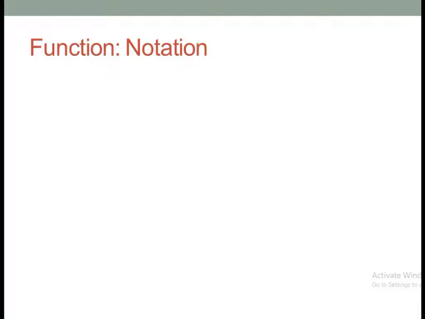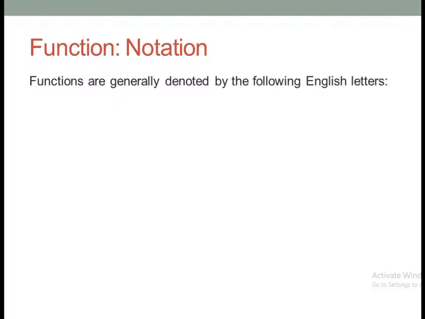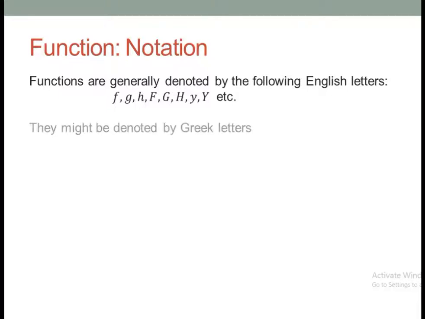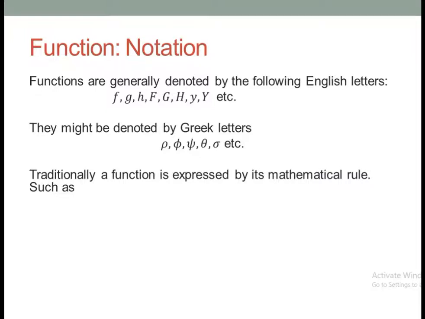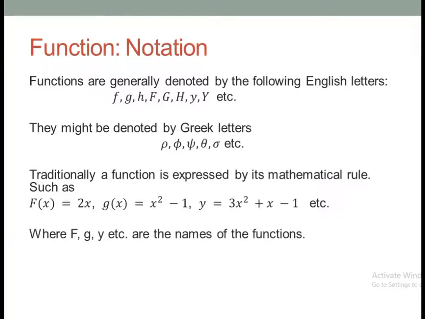Now we are going to see the notations. Functions are generally denoted by the following English letters: small f, small g, small h, capital F, capital G, capital H, small y, capital Y, etc. The functions might be denoted by Greek letters also, like rho, phi, psi, theta, sigma, etc. Traditionally, a function is expressed by its mathematical rule, such as f(x) = 2x, g(x) = x² − 1, y = 3x² + x − 1, etc., where f, g, y, etc. are the names of the functions. x represents the inputs or the first elements.